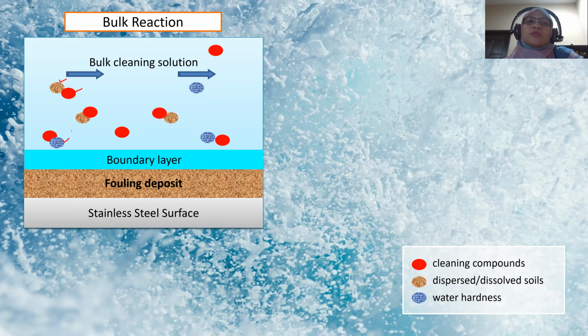The presence of salts and water hardness may reduce and weaken the cleaning chemical strength if there is a high salt and high water hardness level. So this is not really a desired condition.